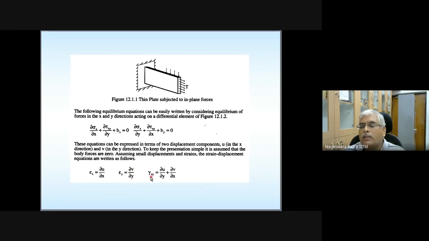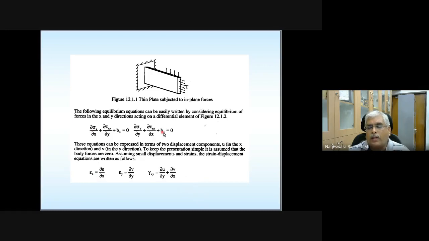And this is the cross derivative, or it is a shear strain. So you have the cross derivatives, partial derivative of u with respect to y plus partial derivative of v with respect to x. Please take a note of it. This is the strain displacement relation. So strains, how they are related to displacements.